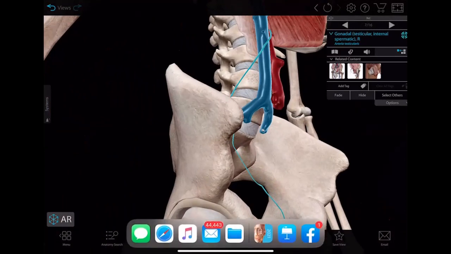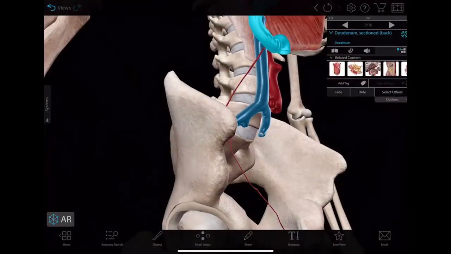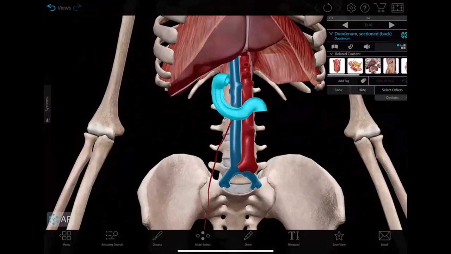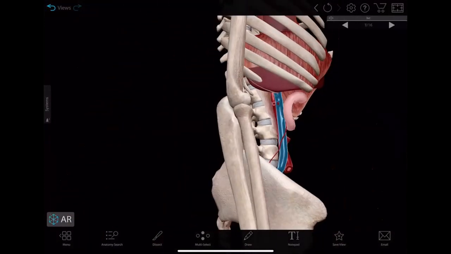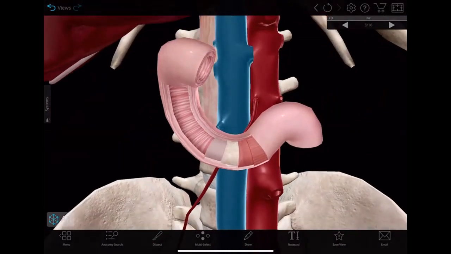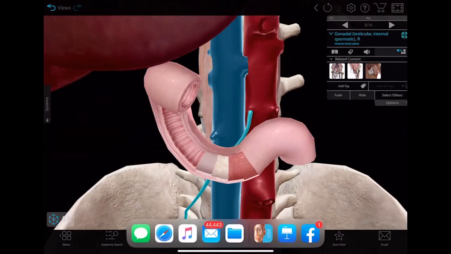Right testicular or gonadal artery, and the third part of the duodenum. You see, the selected structure is the duodenum. This duodenum is in front of the inferior vena cava.